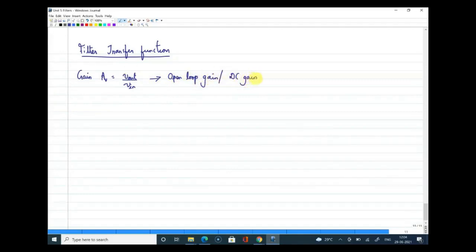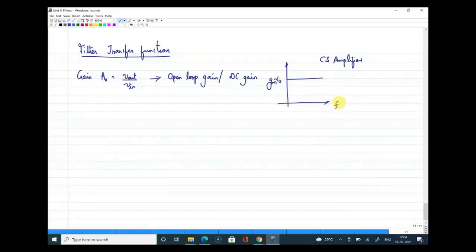What do you mean by that? Say, for example, you have a CS amplifier with a current source load. The magnitude of gain is gm r0, and this gain is not changing, right? Because we are not expressing this as a function of frequency. So for a CS amplifier with a current source load, your gain is gm r0.